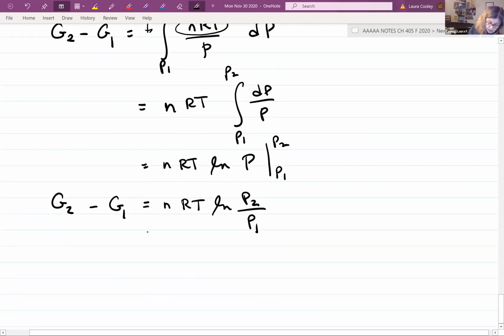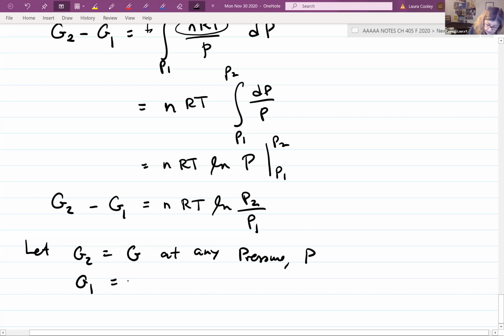And now we're going to do the same thing we did before. We're going to say let G2 equal the Gibbs free energy at any pressure P. That doesn't have to be 1 bar. G1 is the standard Gibbs free energy at 1 bar.